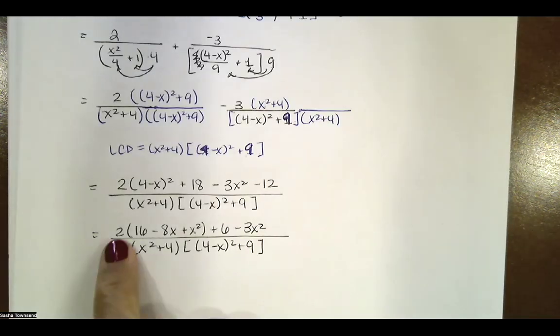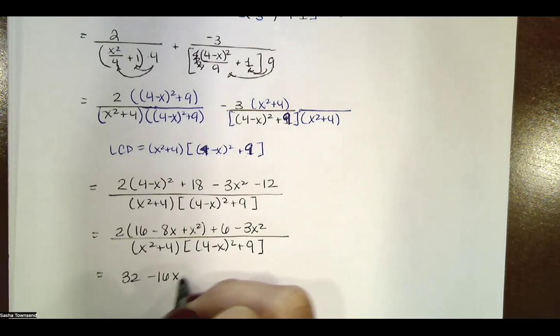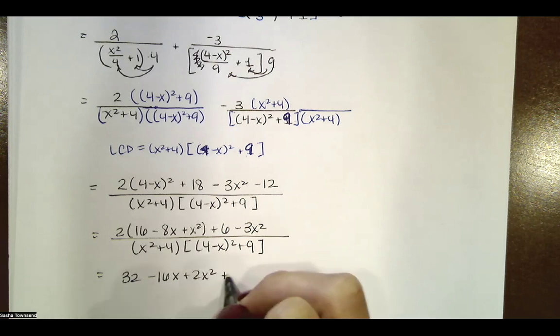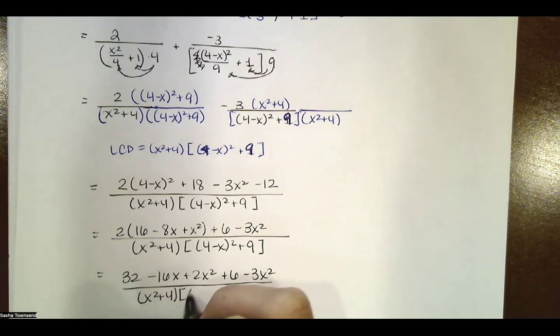Then if we distribute the 2, we'll have 32 minus 16x plus 2x squared plus 6 minus 3x squared, all divided by x squared plus 4 times the quantity 4 minus x squared plus 9.